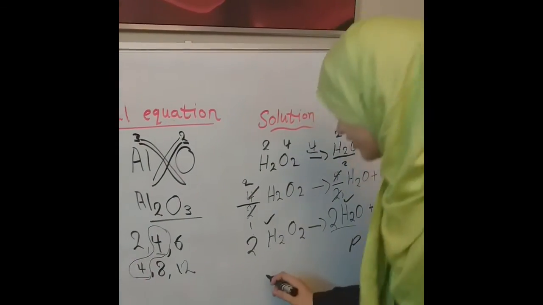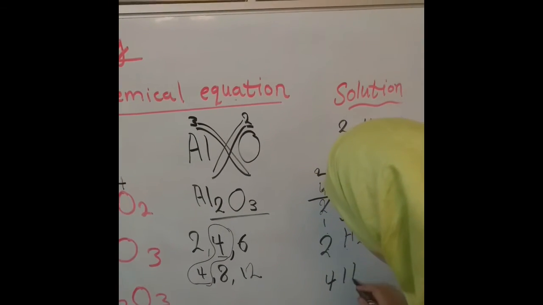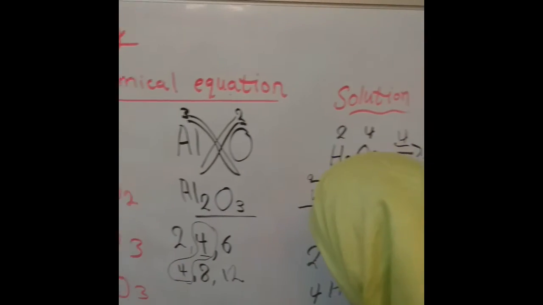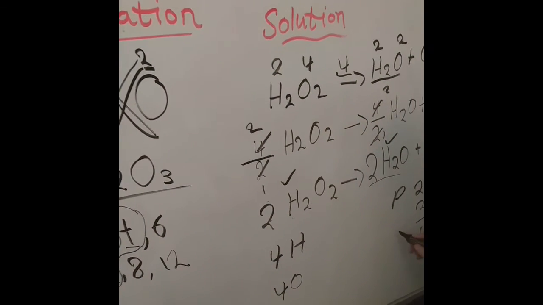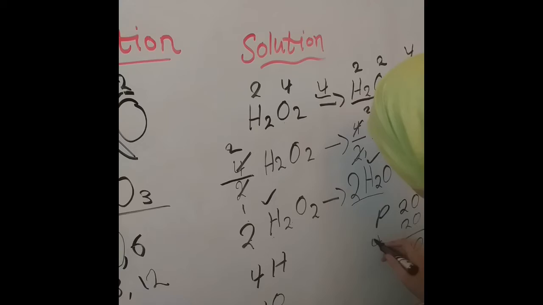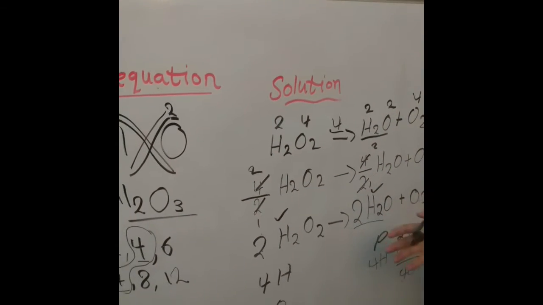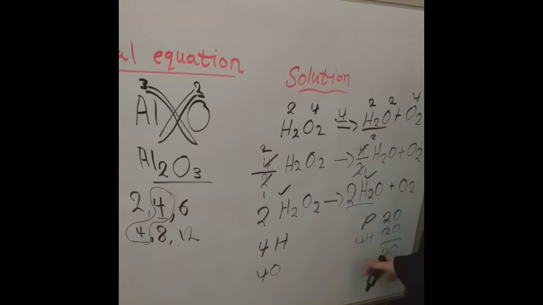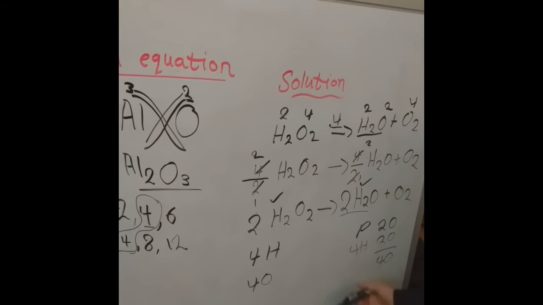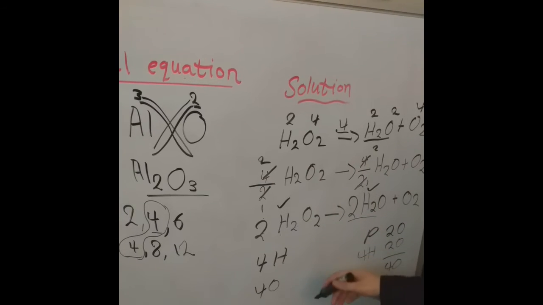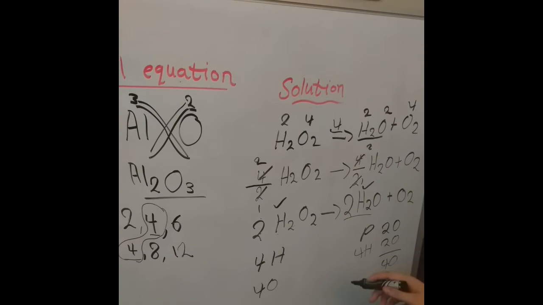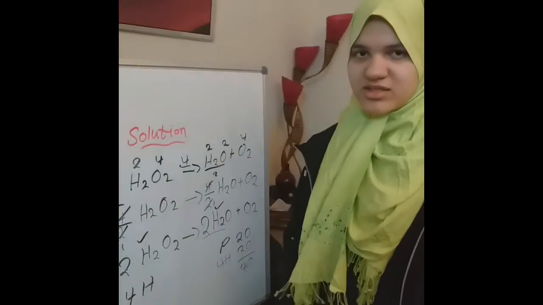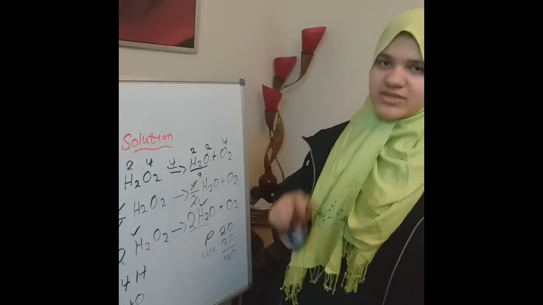And here we have 4 hydrogen and 4 oxygen in the reactants, and 4 oxygen and 4 hydrogen in the products. That means they are balanced. After they are balanced, we can find the total atoms: 4 plus 4 equals 8. The total atoms is 8.